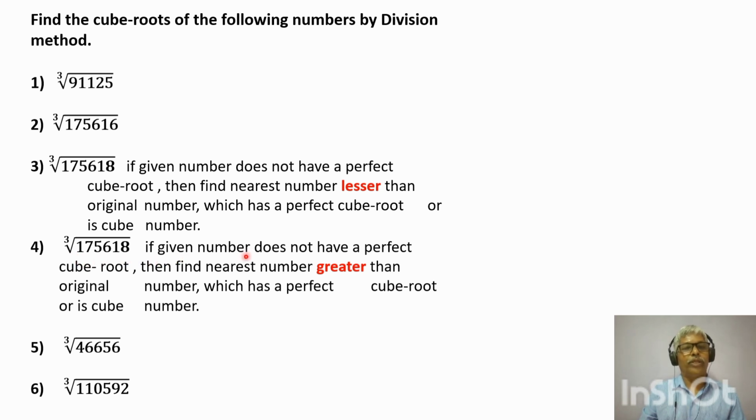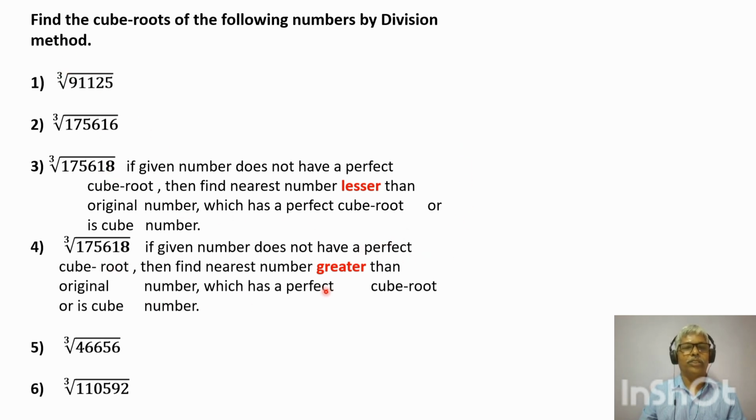If the given number does not have a perfect cube root, then find the nearest number greater than the original number. Both these are very important, lesser and greater. This is a very interesting problem and I have solved it, and you will get perfect practice from this. Okay, so this should solve your problem. We have solved some such problems in the square root topic.